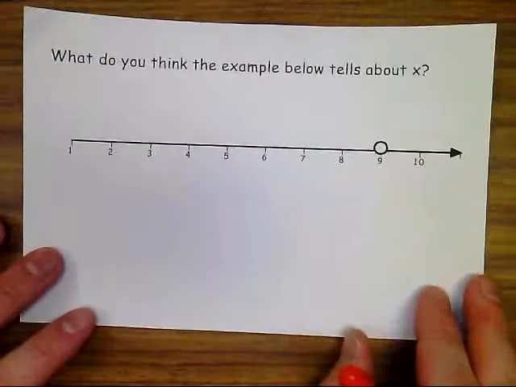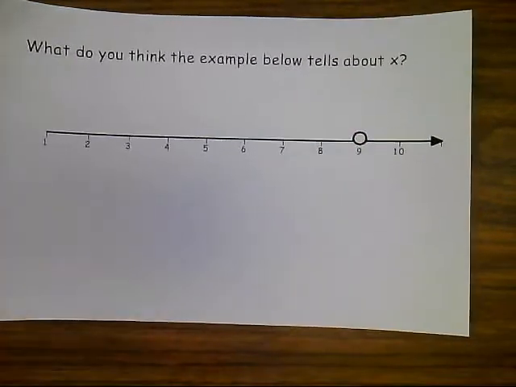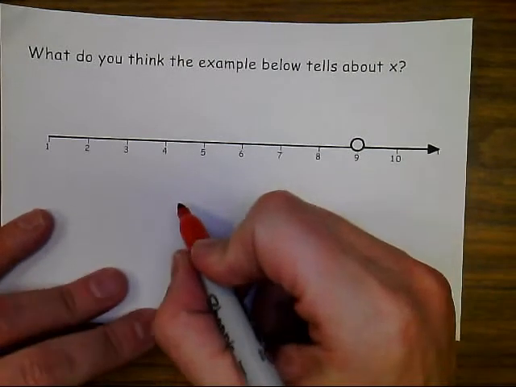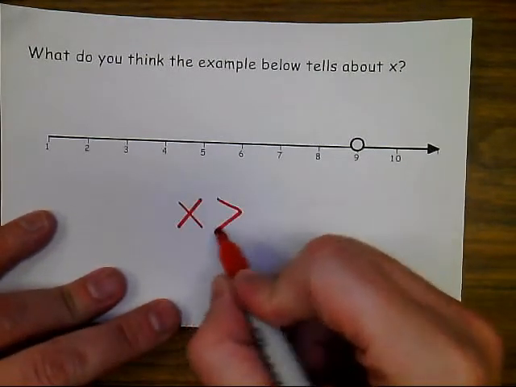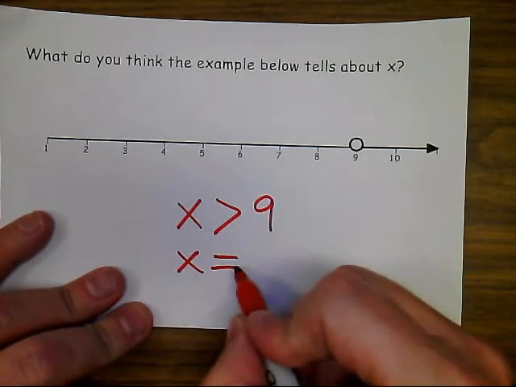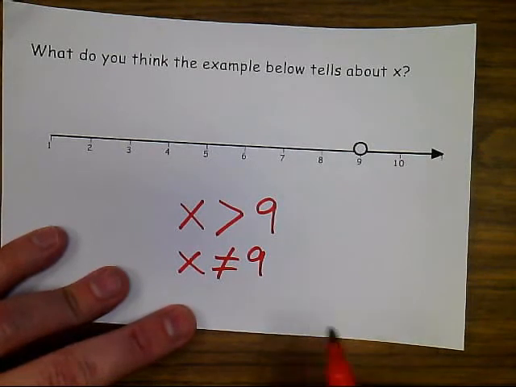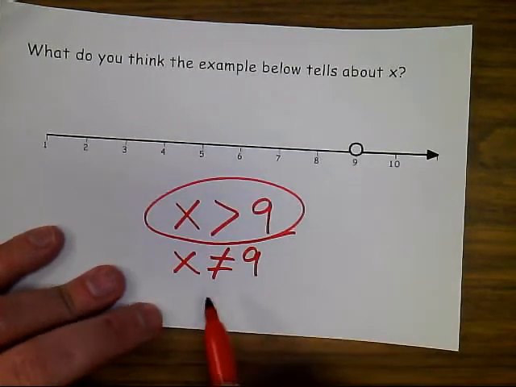Now, curious as to why this one has an open circle. That indicates that it does not equal 9. So when I look at this problem, I would say, well, x could be greater than 9, but x is not equal to 9. So the way I want to write that is x is simply greater than 9.